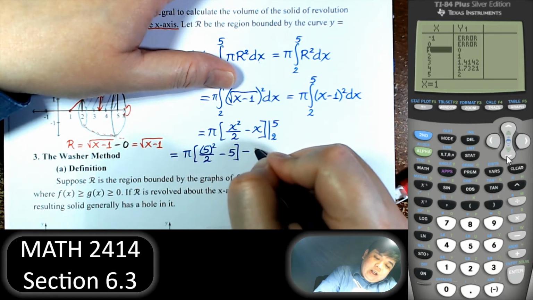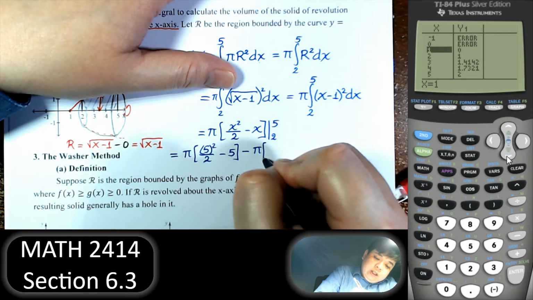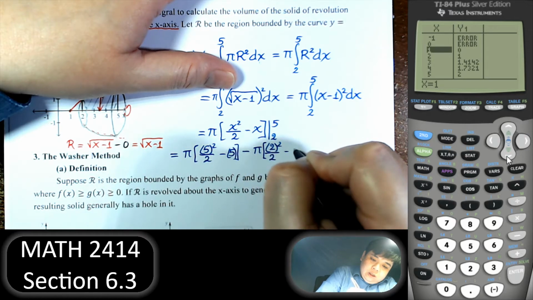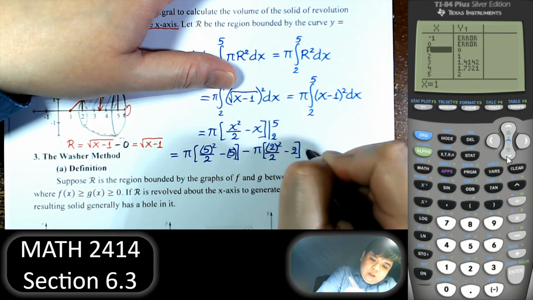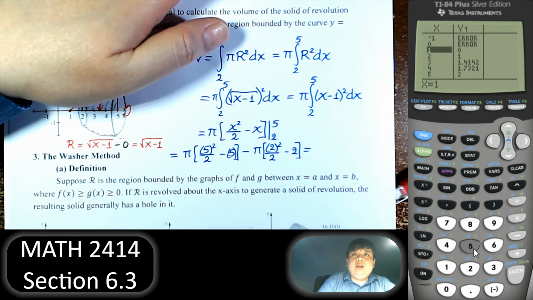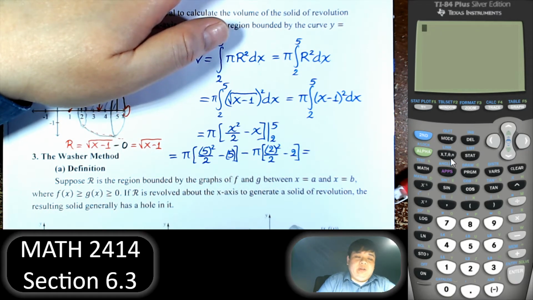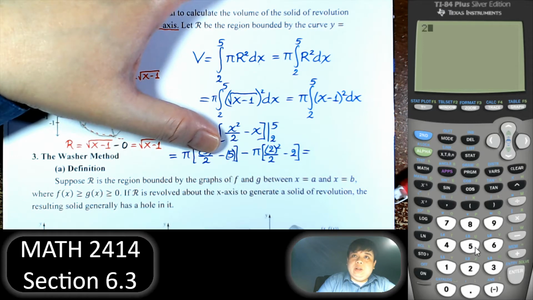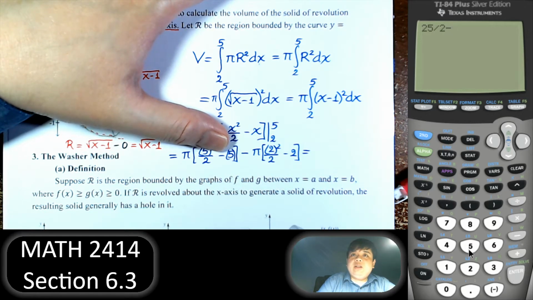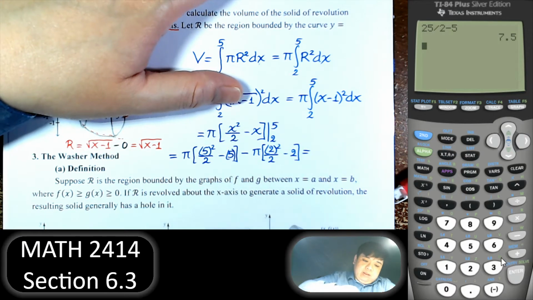And then we subtract where we'll put 2 in for it. So 5 squared over 2, 25 over 2, minus 5. That's 7.5.